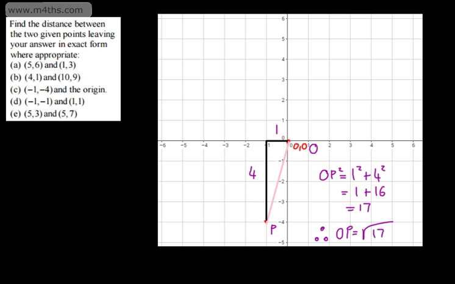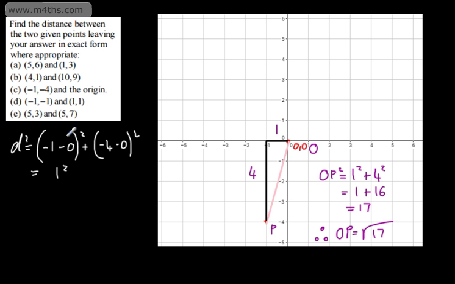Again, you could have used the formula on this if you prefer, and you could have simply said now that d squared, or OP squared, is going to be, and we can do this either way round, negative 1 minus 0, all squared, plus negative 4 minus 0, all squared. Well, that's going to give us now 1 squared.